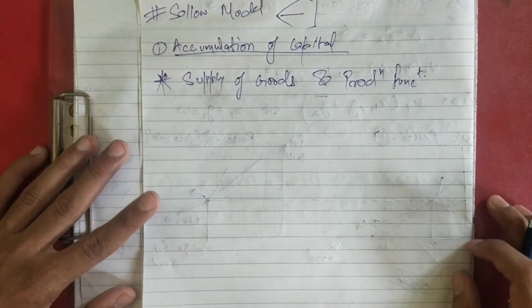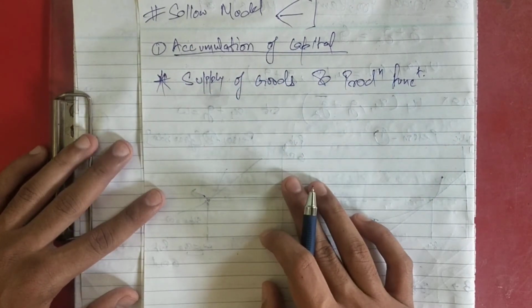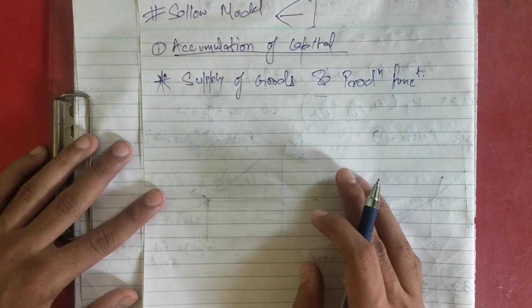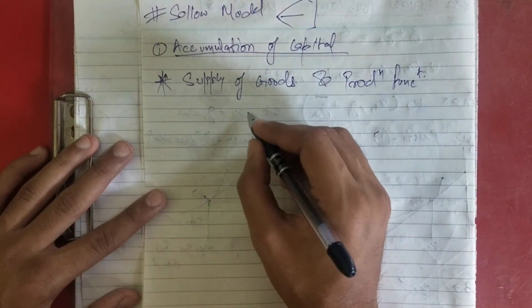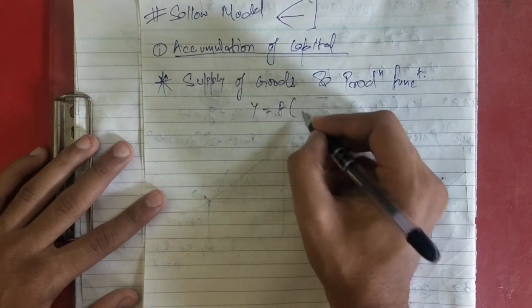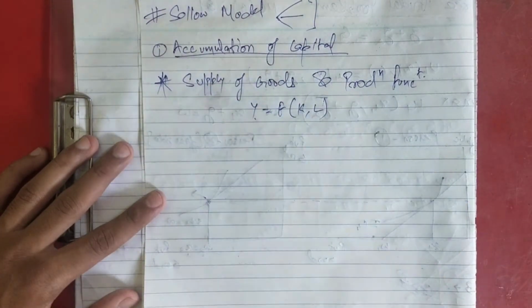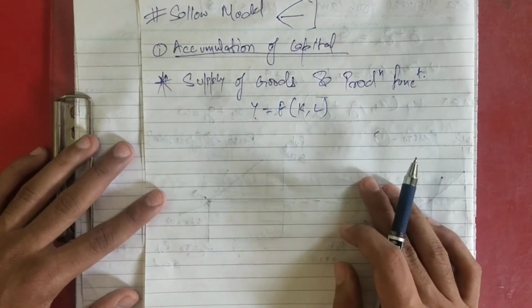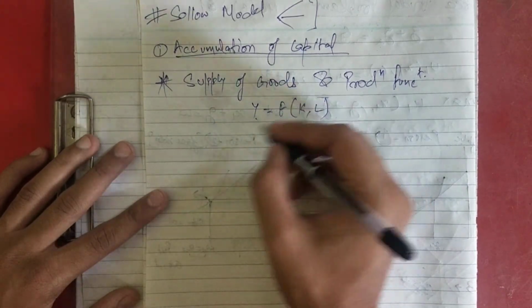Supply of goods in the Solow model is based on the production function, which states that output depends on capital stock and labor force. We can write the supply or production function as: output is a function of labor and capital. Also, it is further assumed that the production function is CRS.